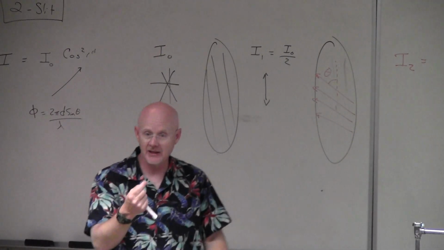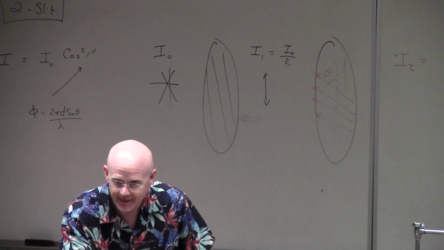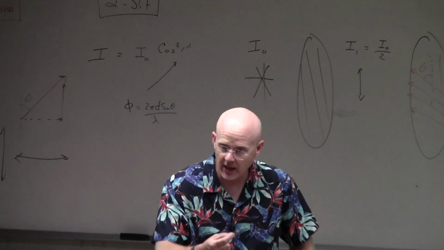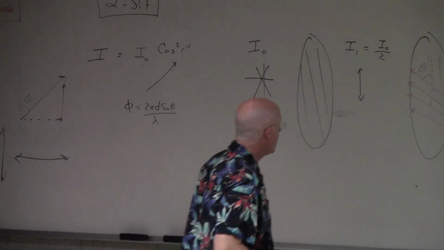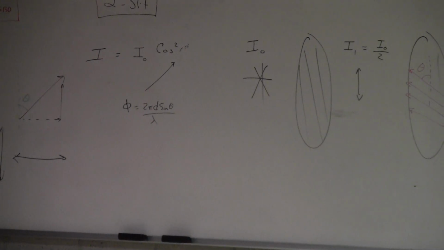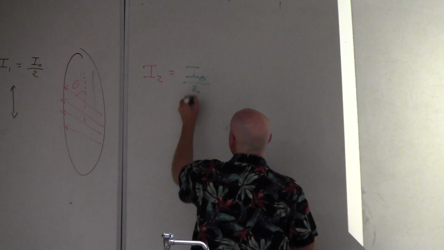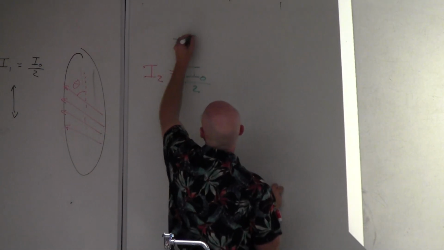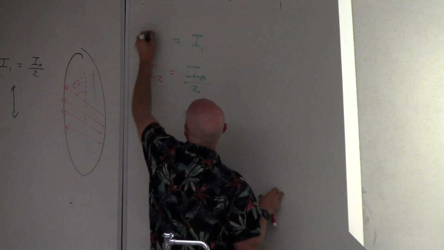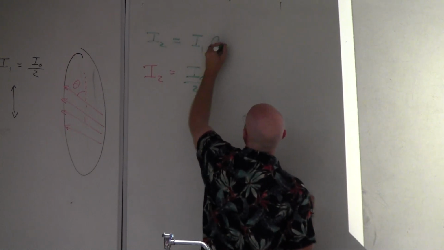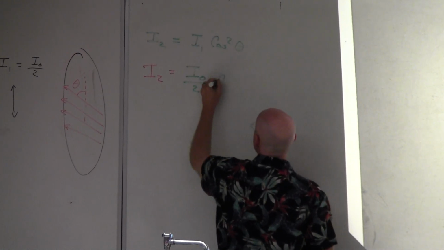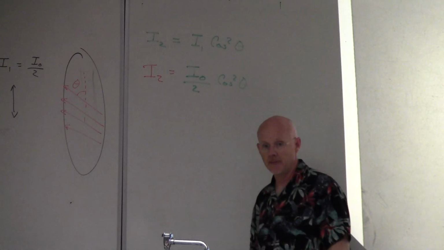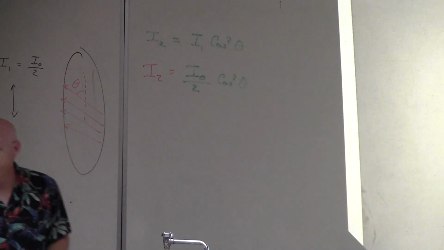The intensity is the electric field squared. So to get the intensity on the other side, I would have to have cosine squared. And so on the other side, I would have the intensity that came in, maybe I should write it as intensity number 1, times cosine squared on the other side.